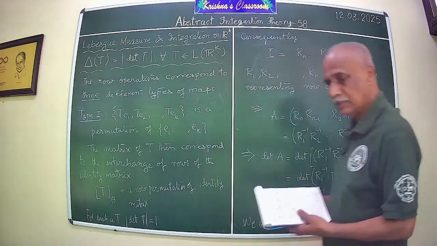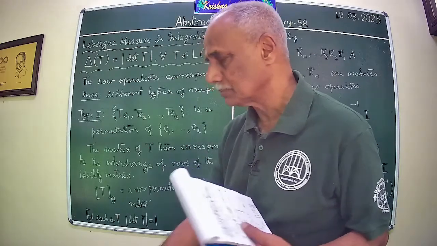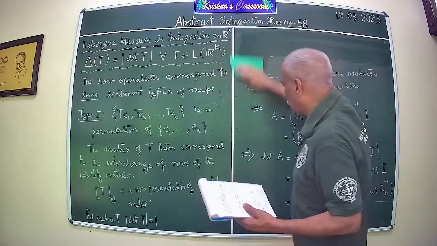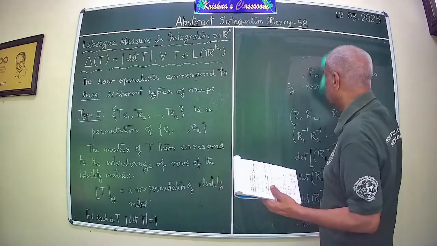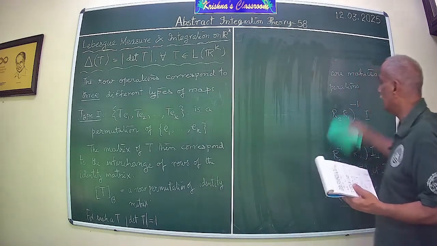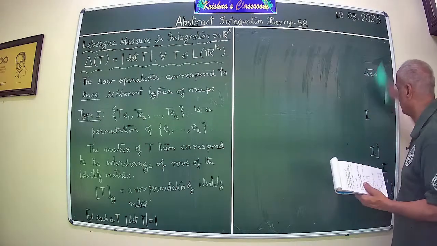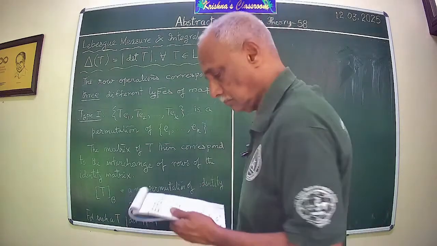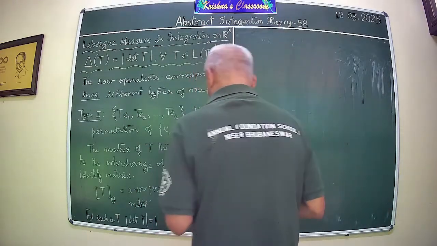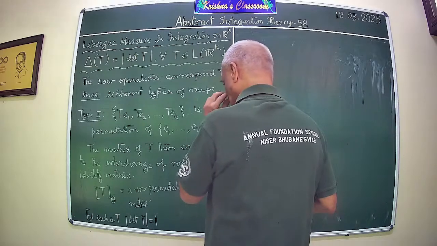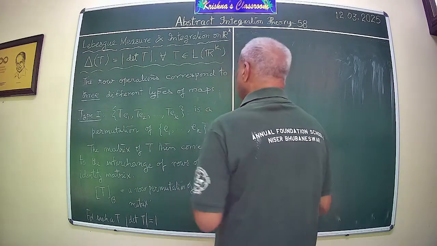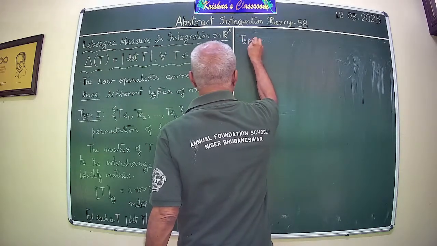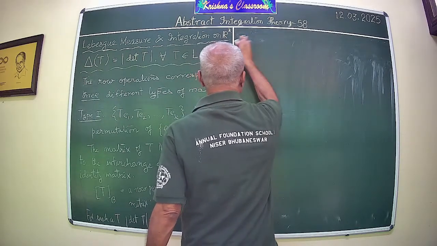Okay. The second type is the following. Type 2 is multiplying a single row by a scalar. Okay, I'll give an example here.